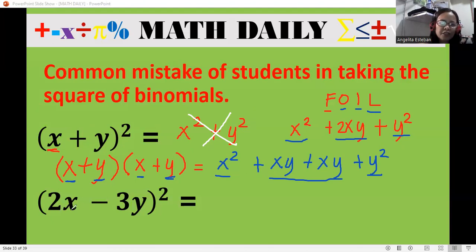And if you are going to answer 2x minus 3y quantity squared, how do we do this? First, you have to square the first term. That means 2x multiplied by 2x, which results in 4x raised to the second power.